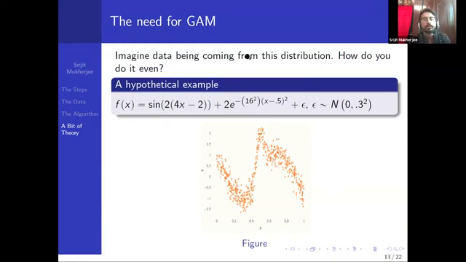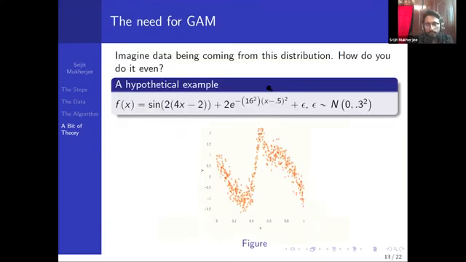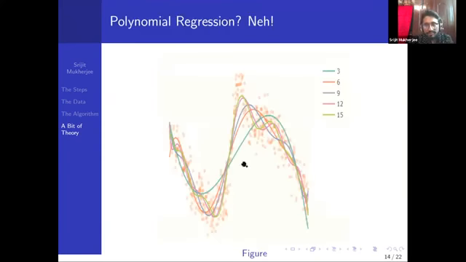So you can use local regression using polynomials, but we'll see how to do it in a general framework. That's the need for the generalized additive model. If you do polynomial regression on the same data set, it doesn't work well because of the very smoothness of the curve. We don't need that global smoothness; we need local smoothness. So polynomial regression is not really working here.